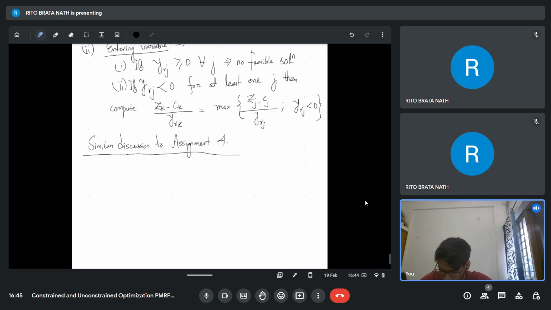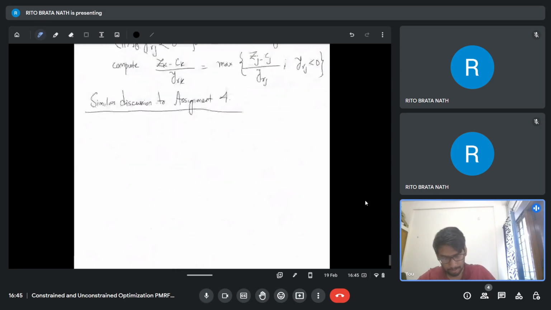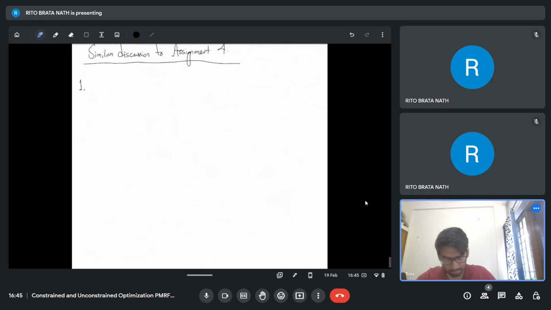Tenth one is which one is true about some departing or entering variable. I think that's pretty simple as well. So those are discussed. Let's solve one problem which is similar to what you will probably find in the assignment. The theory part is all you can answer, so let's try and solve this.